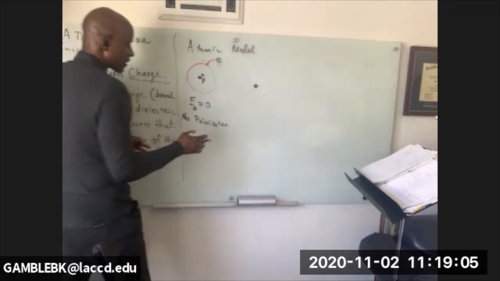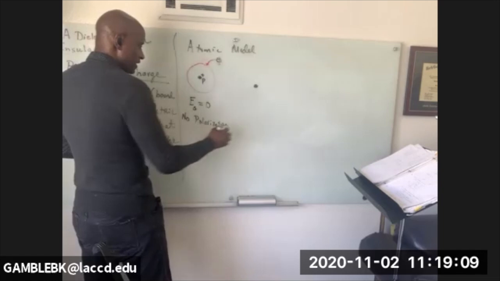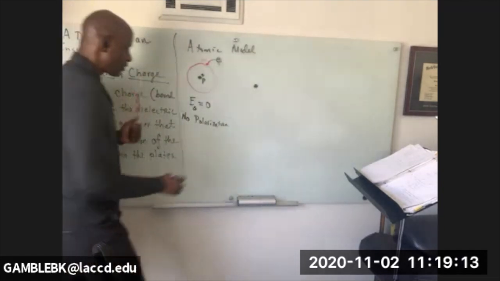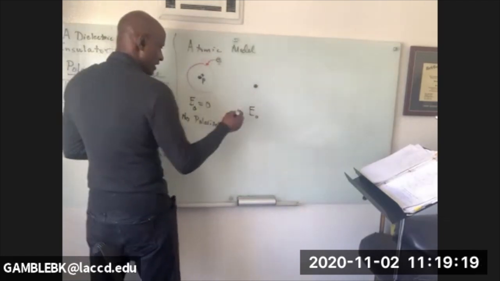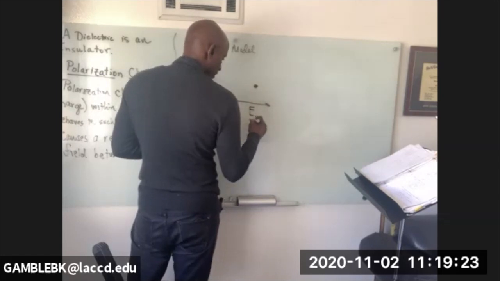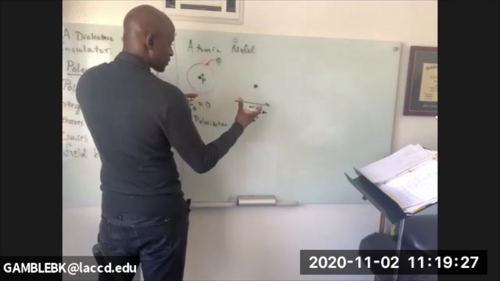So anyway, it's in this cloud, and in our case, the way I drew the picture, the electric field was pointing from left to right. So now E naught is not 0, and it's pointing from the positive plate to the negative plate, right? So this cloud sees an electric field.